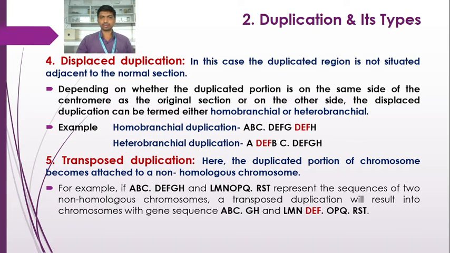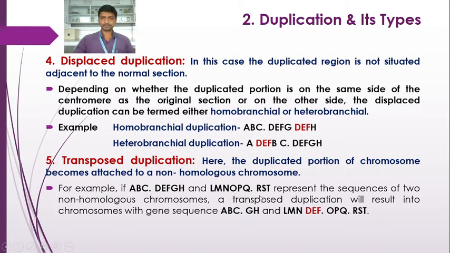The other chromosome is non-homologous because the length of the chromosome is different, the position of the centromere is also different, and the genes present on the chromosome are also different. So the genes present on the non-homologous chromosome are LMN OPQ, then the centromere, then RST. Here the length and the position of the centromere are different with respect to the chromosome where the gene sequence is ABC, centromere, DEF GH.